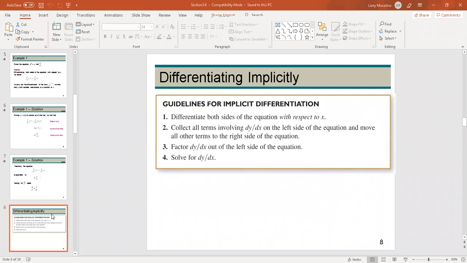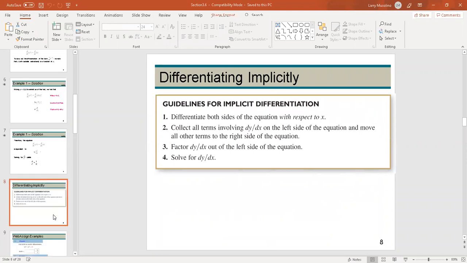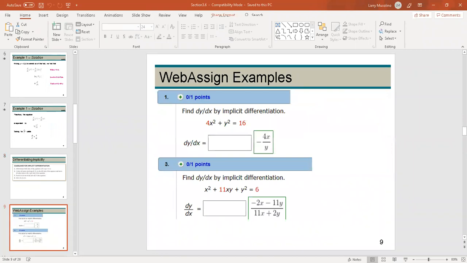And anytime we take the derivative of y, because y is a function of x, of course, we're going to be using the chain rule. So if we encounter an expression involving y, we're going to have to include a y prime as part of that derivative due to the chain rule. Let me give you an example of what I mean.